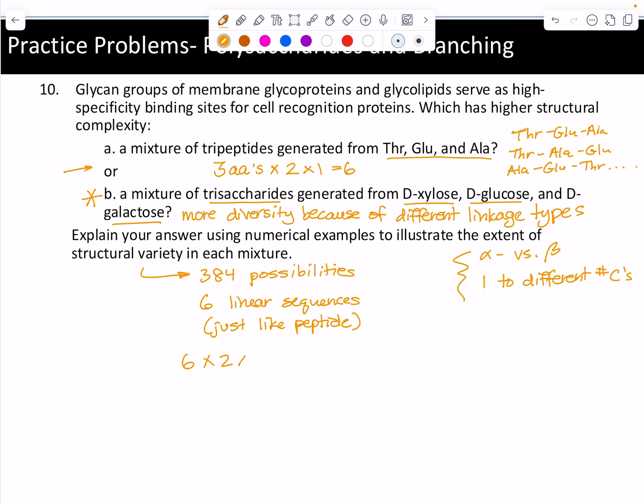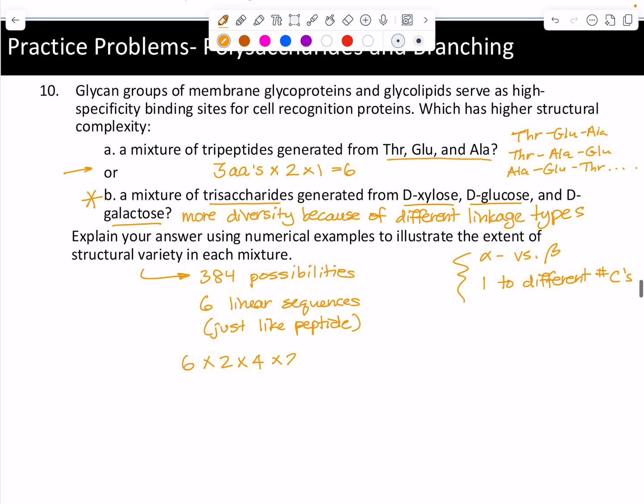And then we have the different carbons that we could link up to. And then we have the possibility of branching. And then, again, we have that second sugar that's linking up, and so that gives us another like 4 possible carbons it could be. So that winds up giving us 384 possibilities.